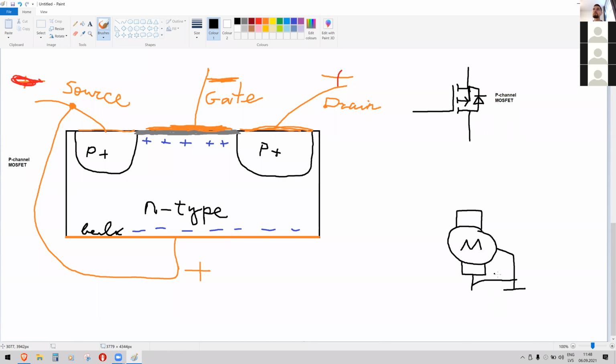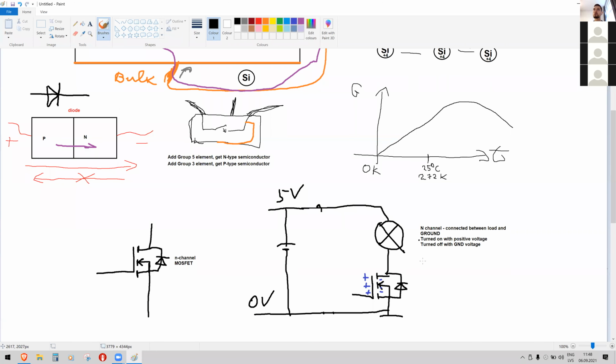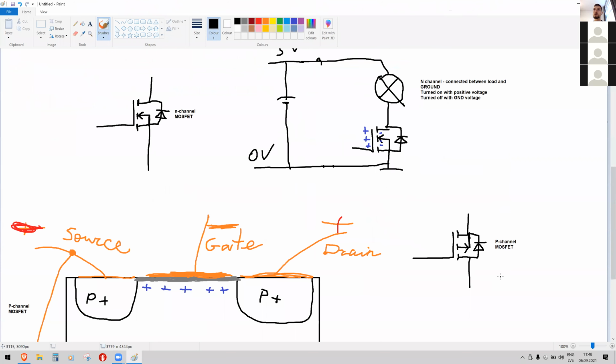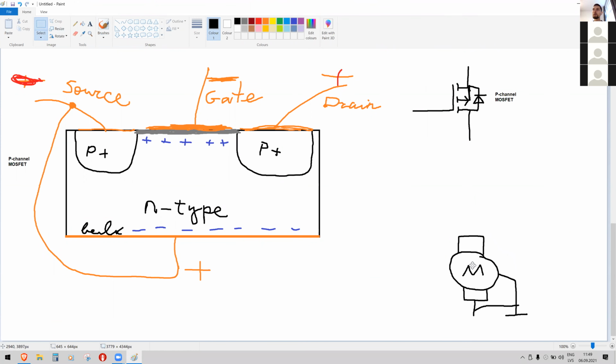You cannot connect it in the upper part here, because then you will have some short circuit from plus to chassis to ground, and it will just break everything. So you have to switch it on and off in the upper part of the schematic. Maybe I'll move it a little bit down. And this is the case where you use P-channel MOSFETs.